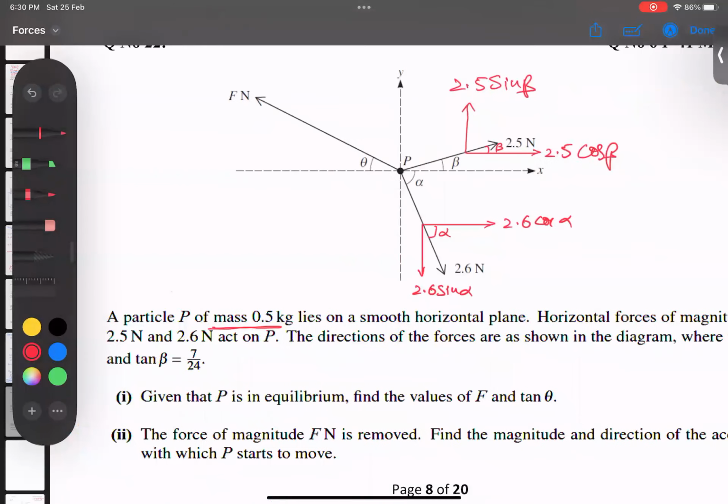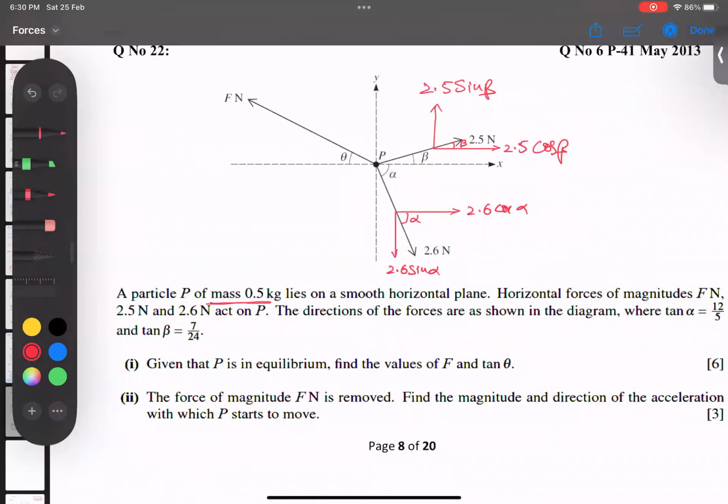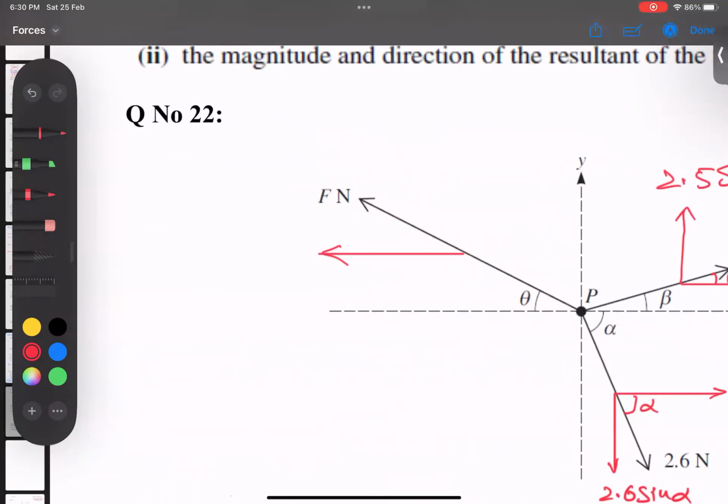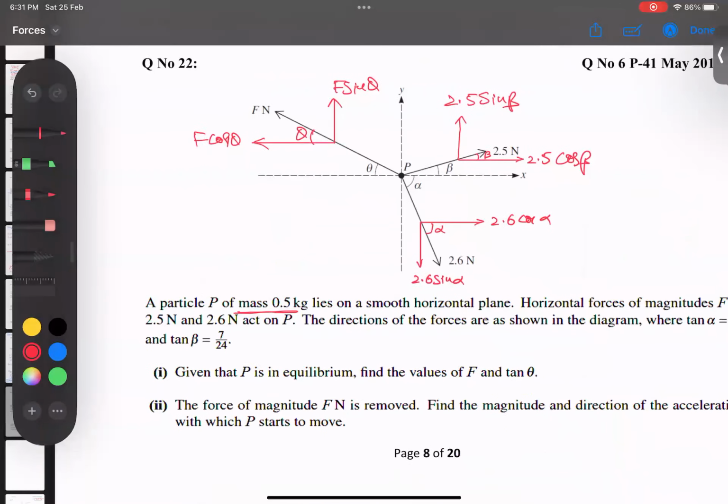According to the situation, he mentioned that the acting force is a horizontal force of magnitude F. This force I can also resolve, parallel to x and parallel to y with angle theta. So this becomes F cos theta, and this becomes F sine theta. I believe all of you are understanding well.